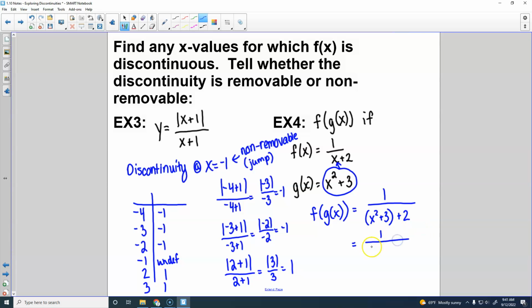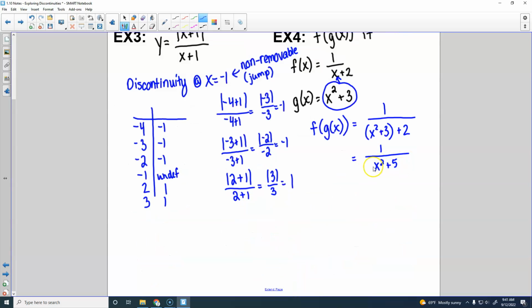And so that's just going to be x squared plus 5. Obviously nothing's going to cancel here, so whatever discontinuity I might have is going to be non-removable because nothing's going to cancel with that numerator.